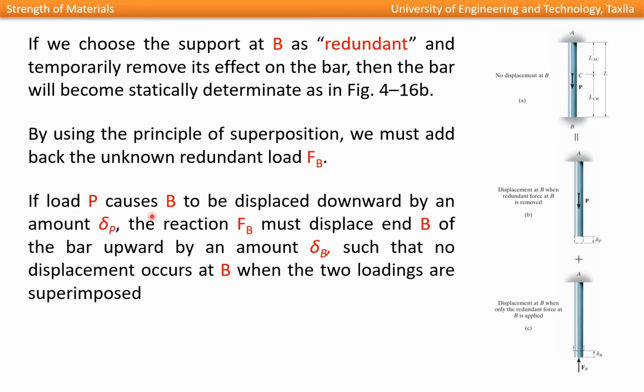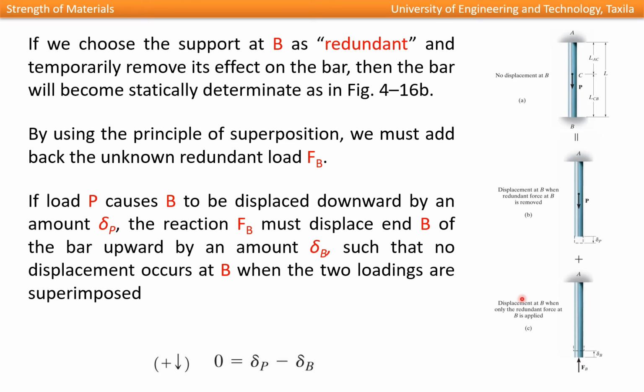If load P causes B to be displaced downward by an amount delta P, the reaction FB must displace the end of the bar upward by an amount delta B, such that no displacement occurs at B when the two loadings are superimposed.